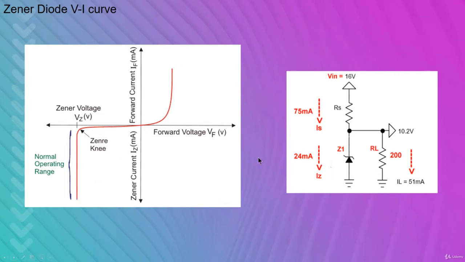What is very important for you to understand is that the voltage drop across the diode remains constant over a wide range of voltages, a feature that makes the Zener diode suitable for use in voltage regulation.